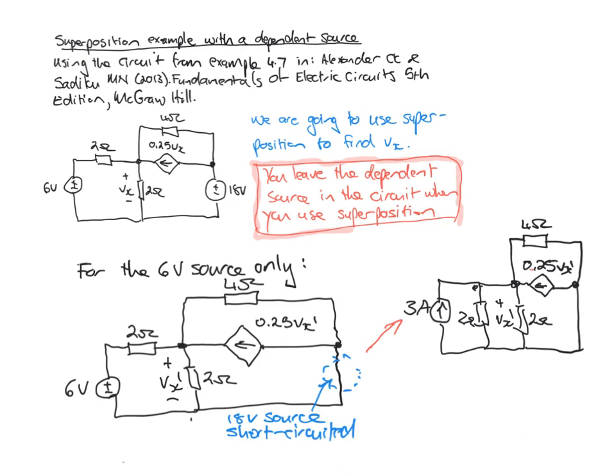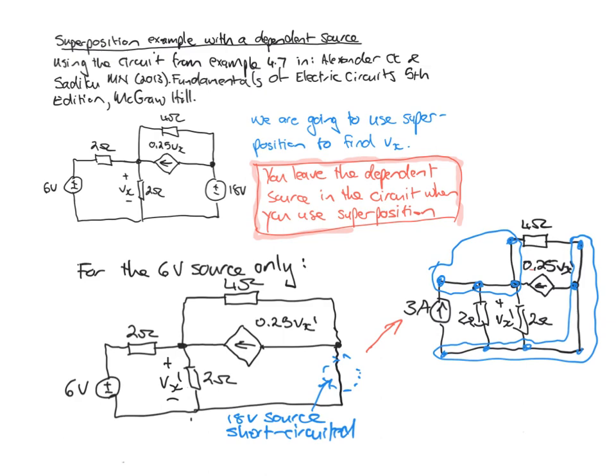Now, if you look carefully, you'll see that this is one expanded node. So this is all one node. And then you'll also see that this is one expanded node. So this is all one node because there are no circuit elements connected in between.